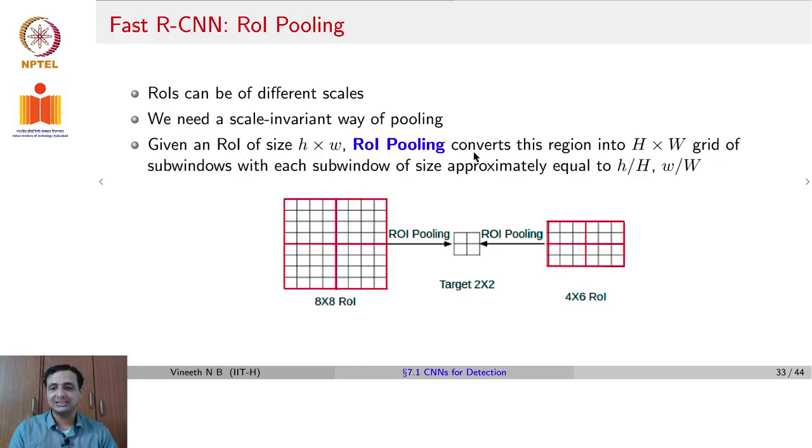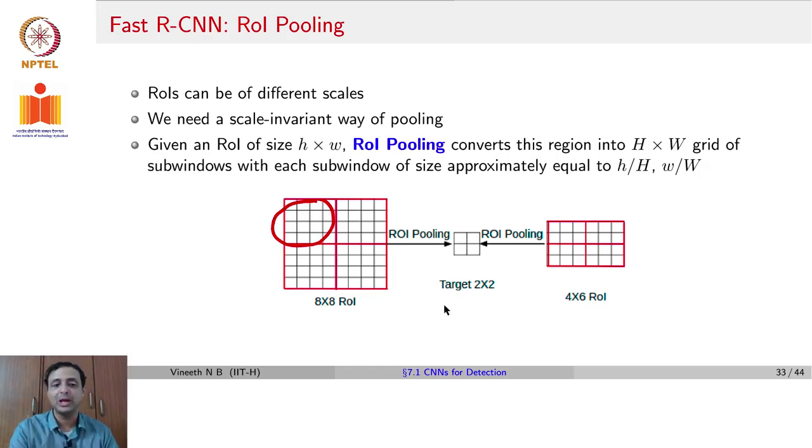So what ROI pooling does is, given any region which is, say, of size small h cross w, it converts it into a capital H cross capital W grid of sub windows, with each sub window of size h by capital H and w by capital W. So for example, if you had an 8x8 region and your target size was 2x2, you would accordingly divide this 8x8 into a 2x2 grid and do pooling inside each of these regions and get your output in the target location.